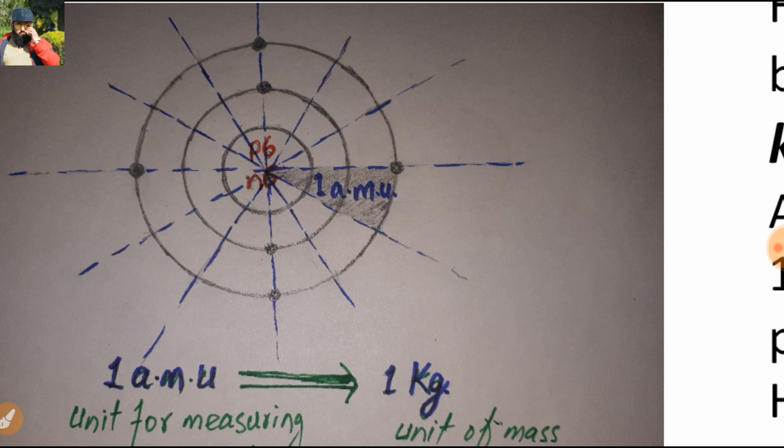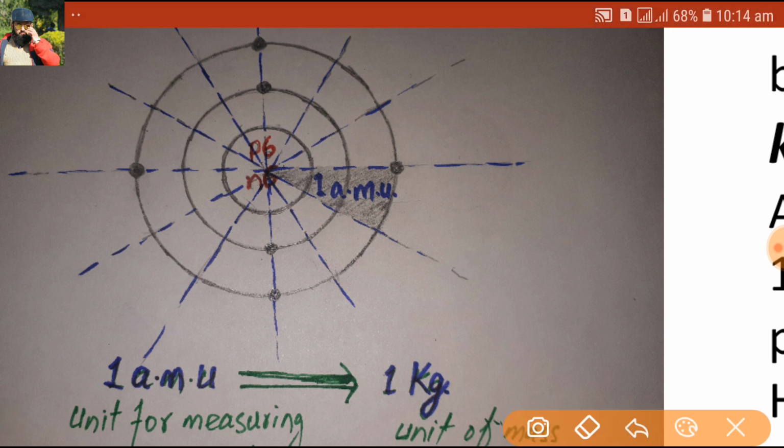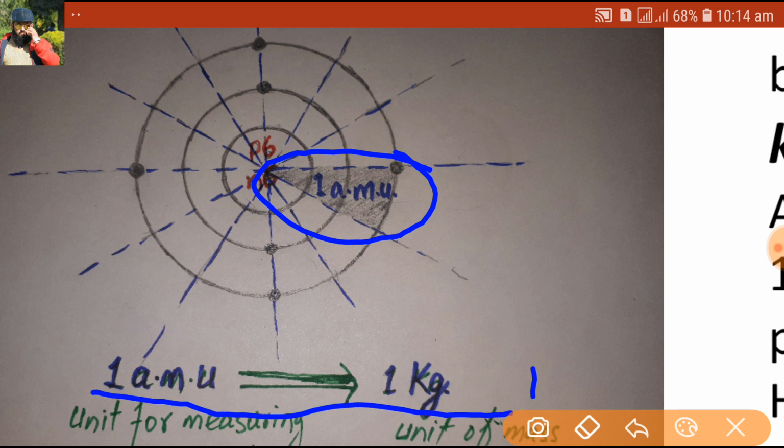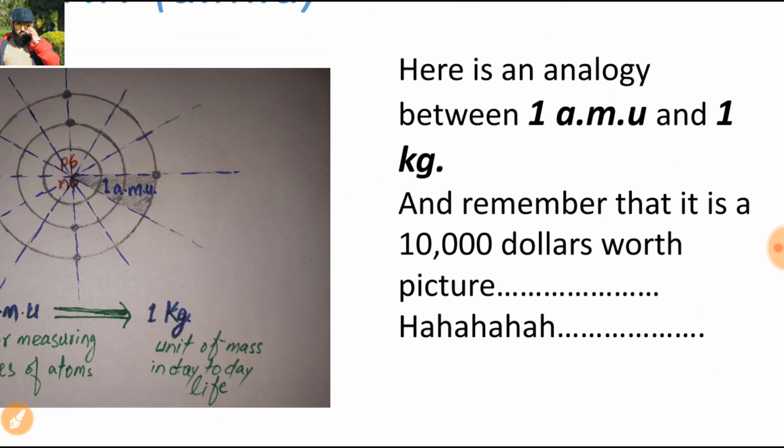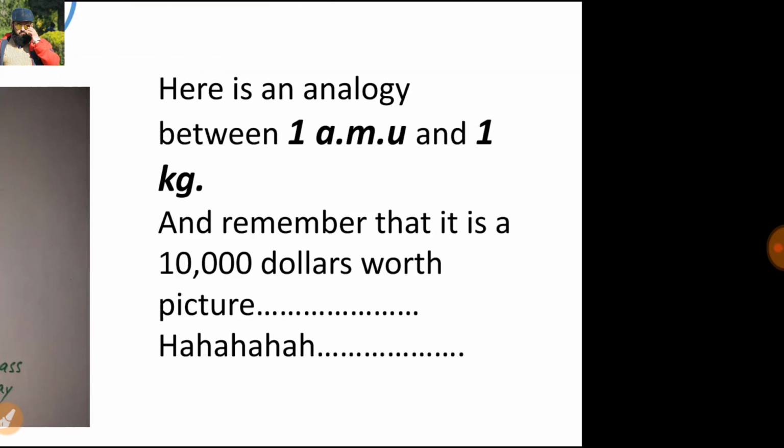Now any one of these parts, like this one, the mass of this part will be known as 1 a.m.u, and this will work for us in measuring the masses of atoms as 1 kilogram standard mass works for us in our daily life to measure anything. And don't forget this, that this is a picture, an animated diagram, worth at least $10,000.